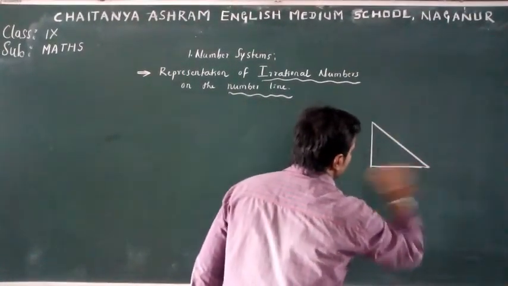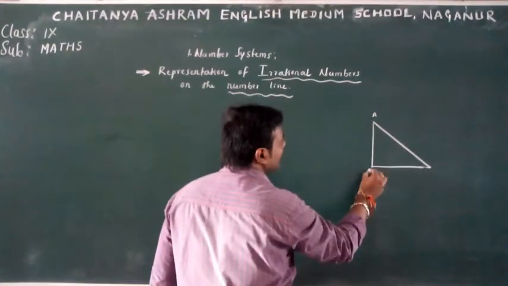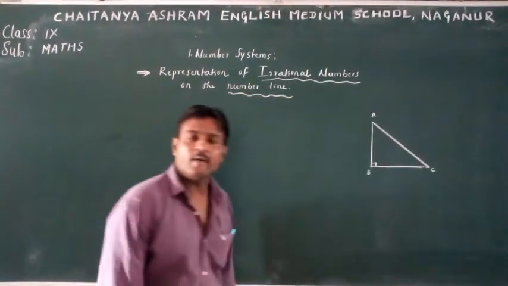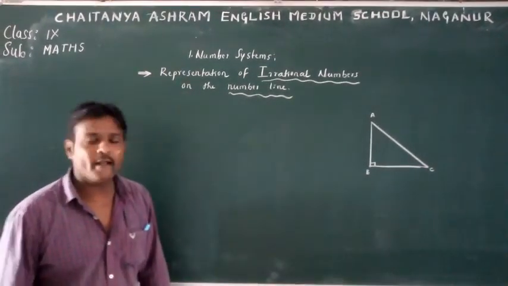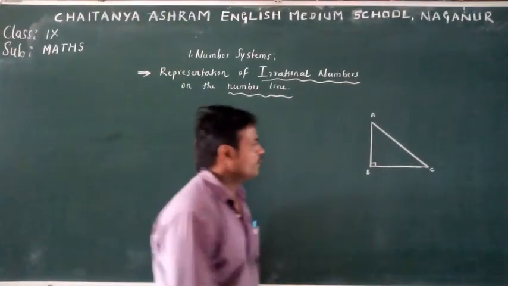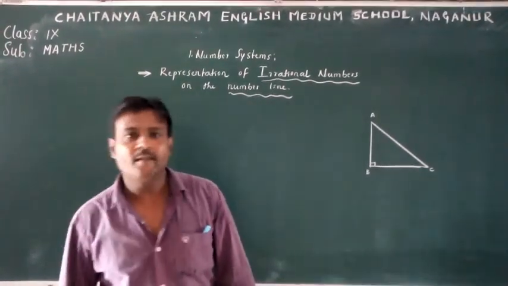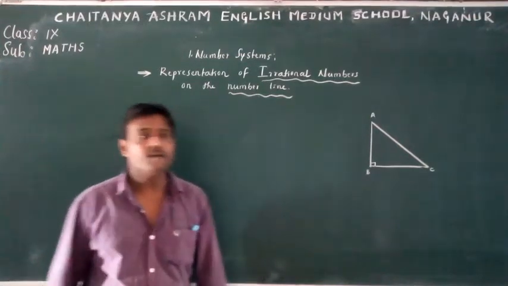So, dear children, recall your earlier knowledge. What is a right angled triangle? In a triangle, if any one angle measures 90 degrees, then that triangle is called a right angled triangle.